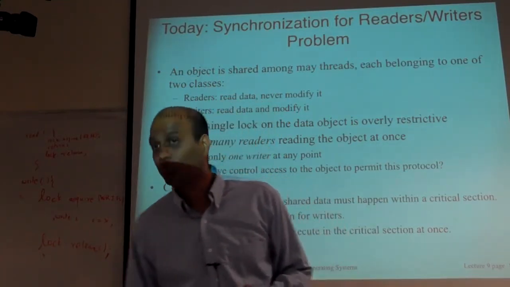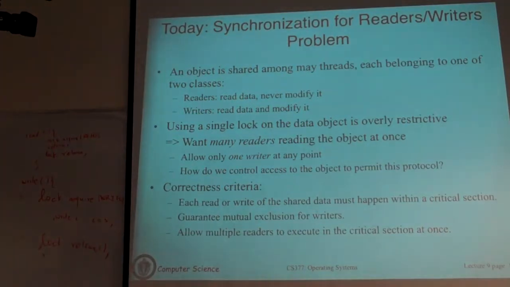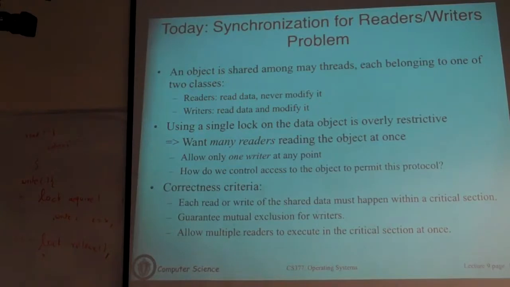So I'm going to give a pseudocode answer. I'm not going to say how to do it with semaphores, but let's ask the intuition of what we want to do. So basically, when a thread calls a read method, what should we do? The earlier solution that was being proposed was this, right? And I gave an example of where it fails.